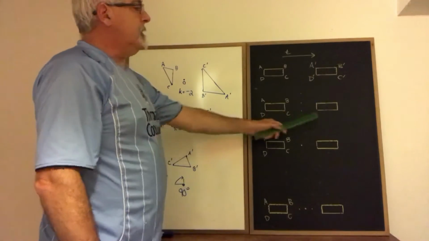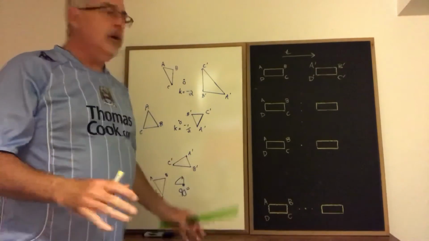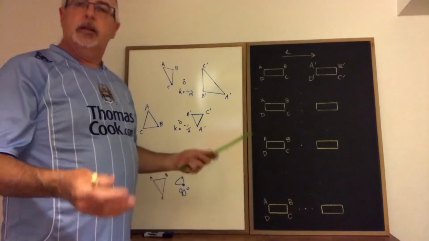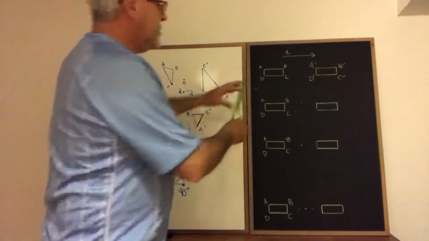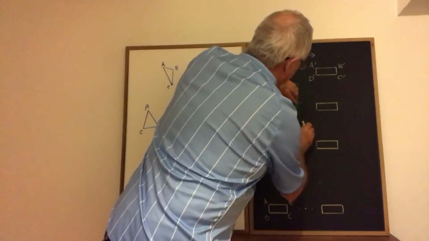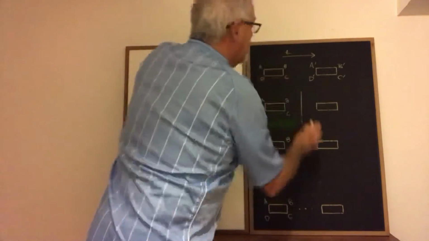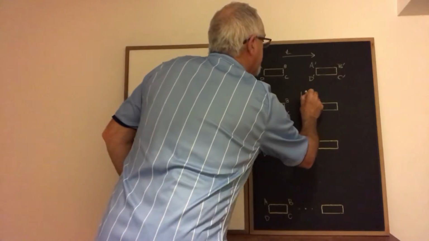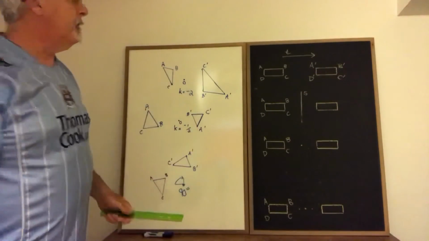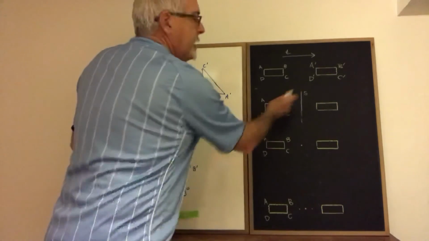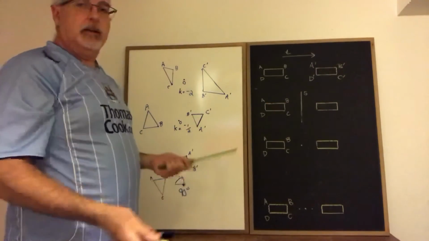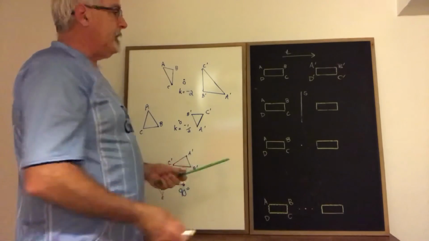In the second example, I'm going to say, oh, no, it's not a translation. It's a reflection. And that can also be a correct answer depending on where I draw my mirror line. So there's my mirror line. I give it the letter S, the designation for a reflection. And I've drawn it halfway between the two shapes because that's the only place to put the mirror line. Well, this will make sense.